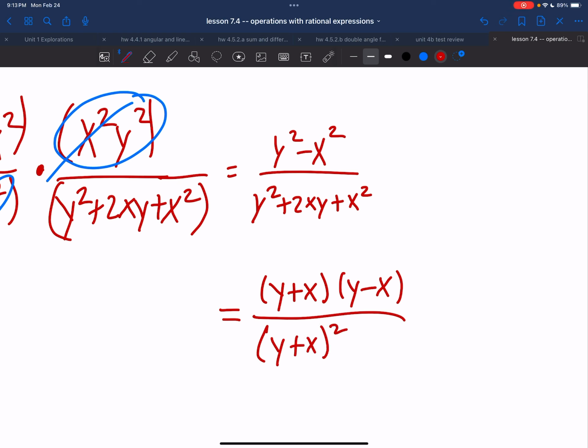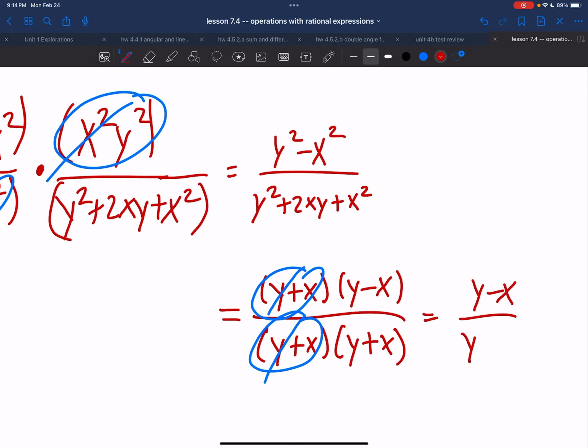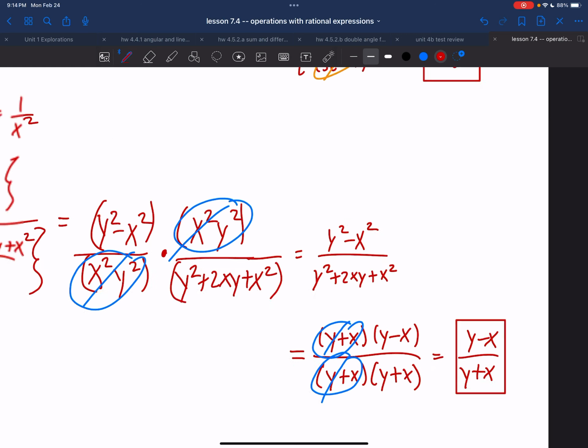Or, if you'd like, when you square something, it means y plus x times y plus x. Now notice, there is a common factor y plus x on top and bottom, which eliminate each other, leaving y minus x on top, y plus x on bottom, and there's nothing more you can simplify from there. And thus, the complex fraction is simplified.